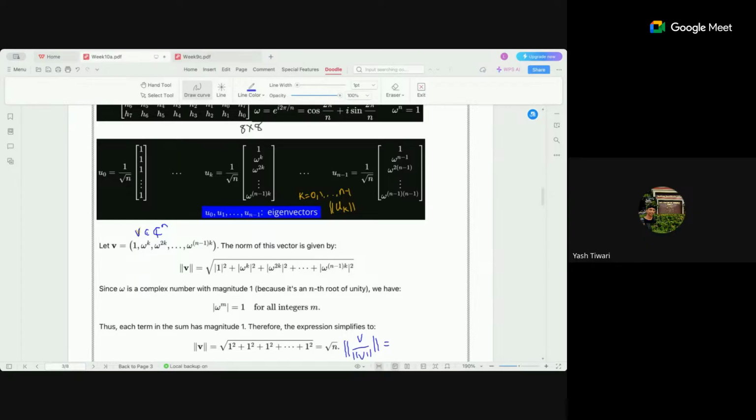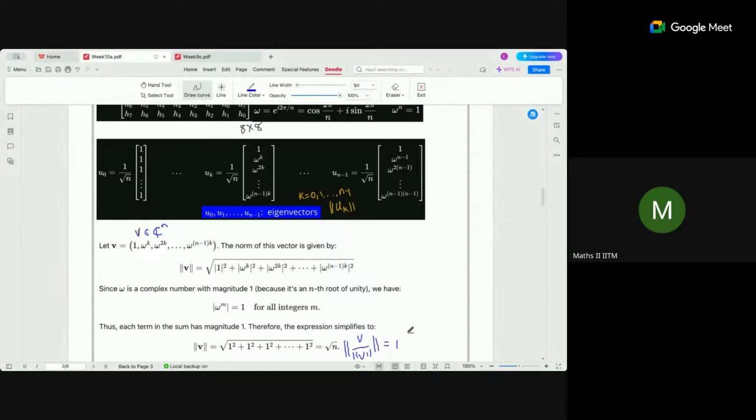One. Yeah? It's a normal vector. We have not yet seen that it is orthonormal, but it is a normal vector. It means the norm is 1.